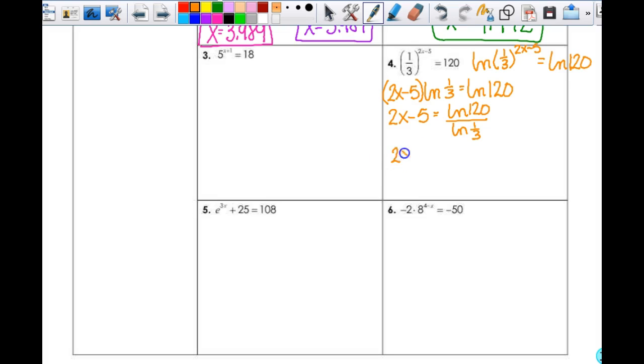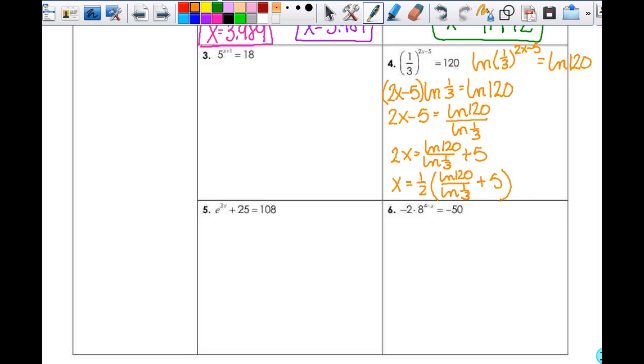So I'm going to get 2x equals the natural log of 120 over the natural log of 1/3 plus 5. Now I'm going to need to divide by 2. Now I could put all of this over 2, or dividing by 2 is the same as multiplying by what? 1/2. So I can just multiply both sides by 1/2, and x equals 1/2 times, in parentheses, natural log of 120 over the natural log of 1/3 plus 5.